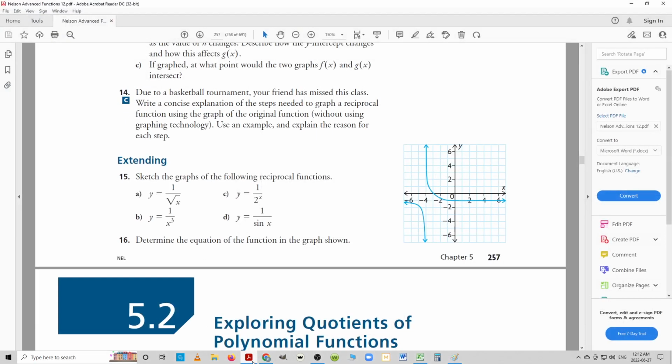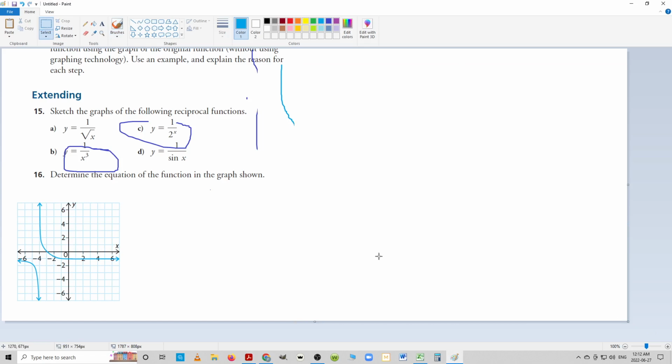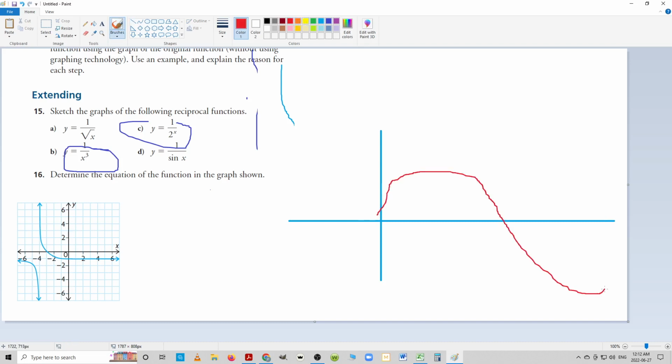And what about the last one? 1 over sine x. That's going to be interesting, actually, because I don't think you're going to see it. I think you're going to see a sine curve in the 1 over the sine curve. So a sine curve has an interesting thing that half of it's positive and half of it's negative. The maximum value it reaches in y is 1, and then gets very small.